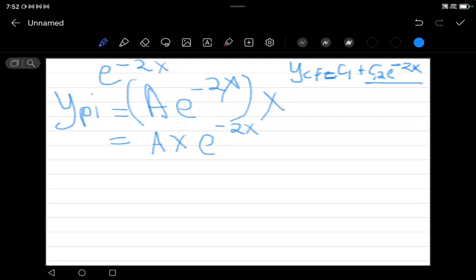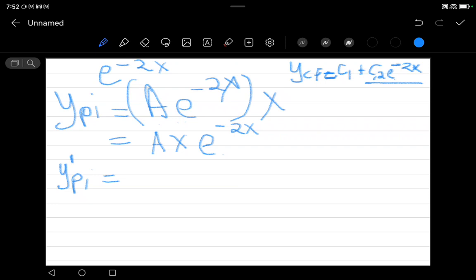Maybe I should just write it. Okay, I'm gonna send you the notes, you'll see. So let's derivate YPI. The first derivative of YPI, it is going to be, here we have a product. It's x times, it's linear times exponential. So here we can use a product rule.